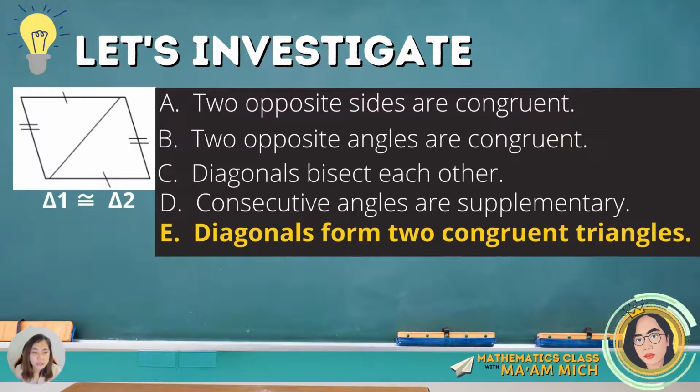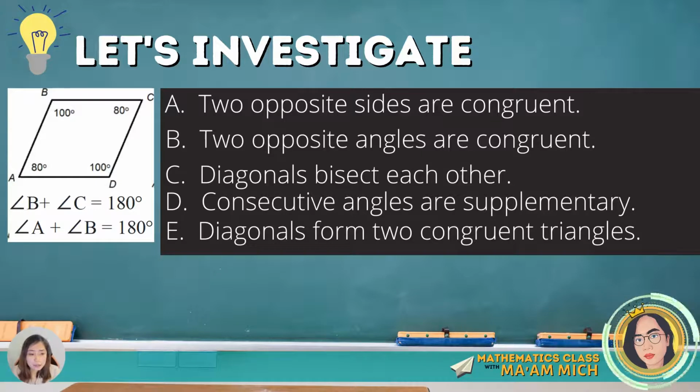So, we have here the diagonals, or rather diagonal. Ayan. And then, meron siyang symbol ng congruency, which means these diagonals form two congruent triangle. Ayan.